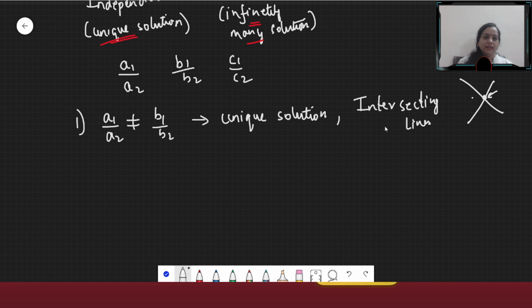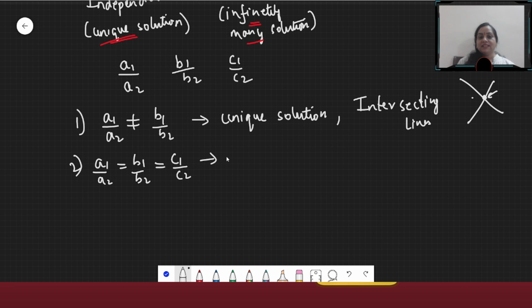Second condition: a1 by a2 is equal to b1 by b2. When these two are equal, we compare the last ratio as well. If this is also equal to c1 by c2, then we say there are going to be infinitely many solutions.